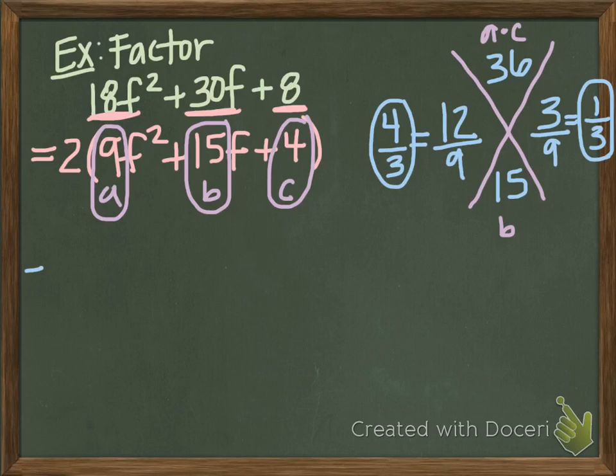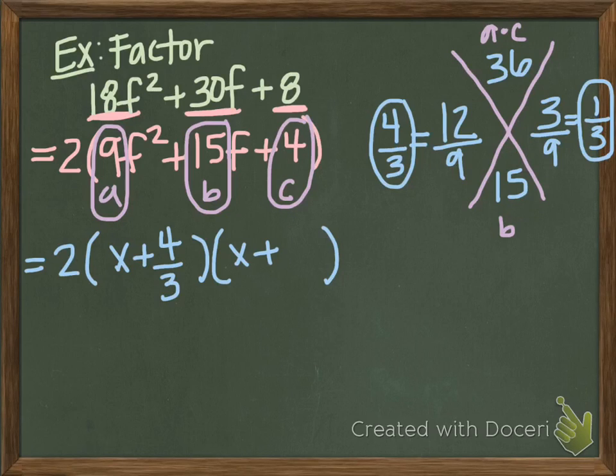So I'm going to come back over here. Don't forget the 2 in front. We're going to put our x followed by our two numbers we just found, which are now fractions. So I've got x plus 4/3 and x plus 1/3, and they're both positive.